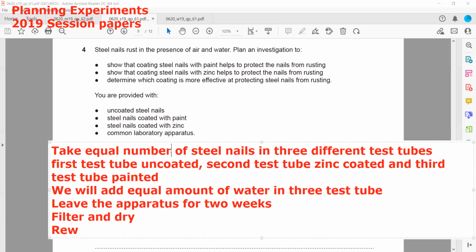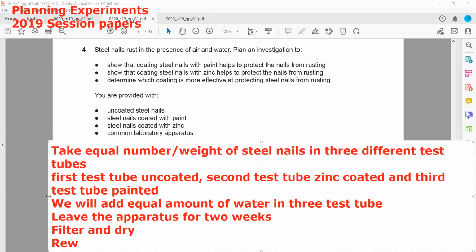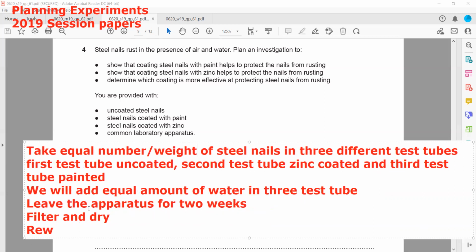Here you can mention in the first part, take equal number or equal weight. Then we will reweigh and compare the mass.